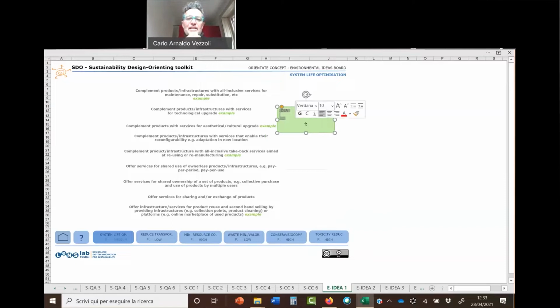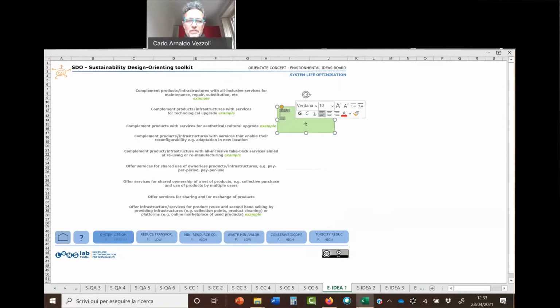There could be something related to the maintenance and repair by the producer of the oven that will be involved in the offer for the system that we are developing for the canteen in the campus and so on.